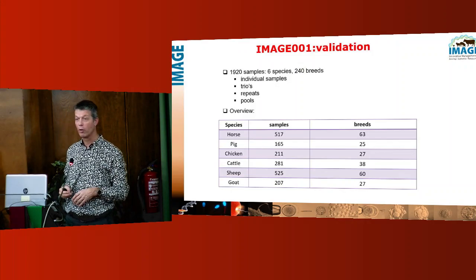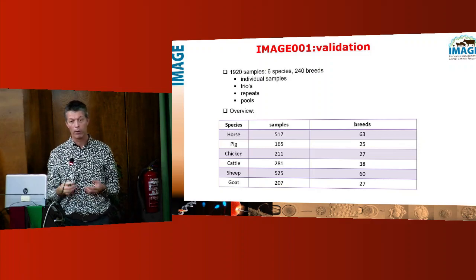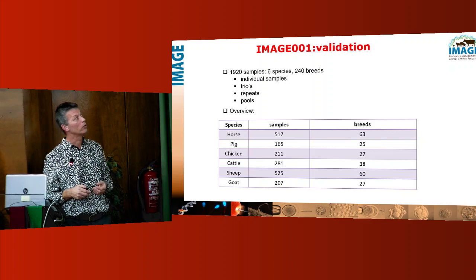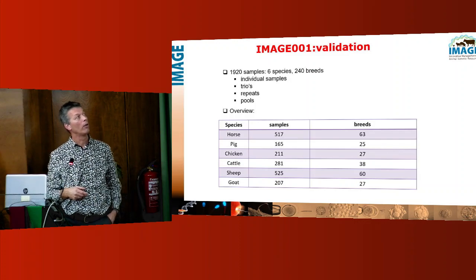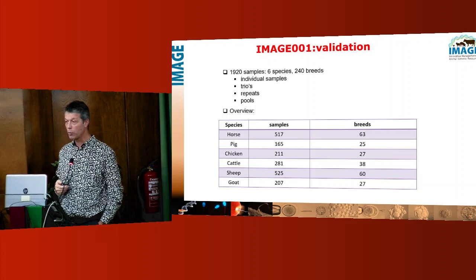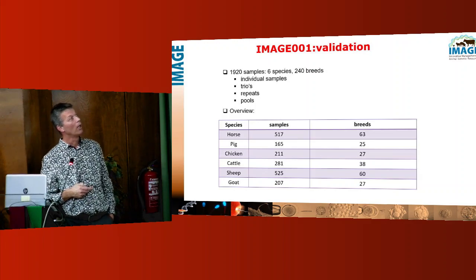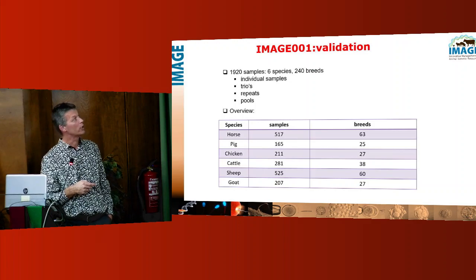There was a response covering over 100,000 samples from centers who are willing to genotype. That's very nice. Further on, what I did is we selected breeds. We asked the different centers, are you willing to send in samples which we can genotype as a test case? And I received from 240 different breeds for the 6 species the 1920 samples.